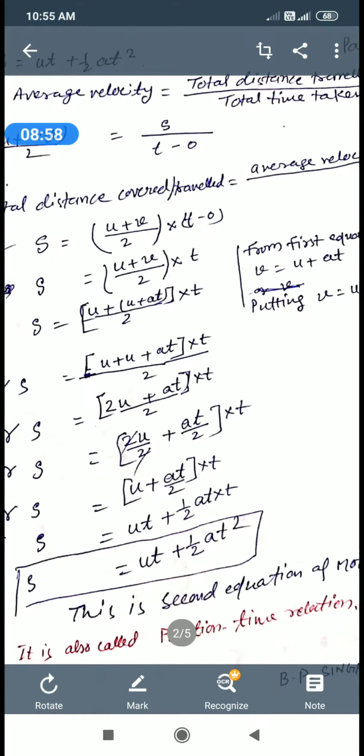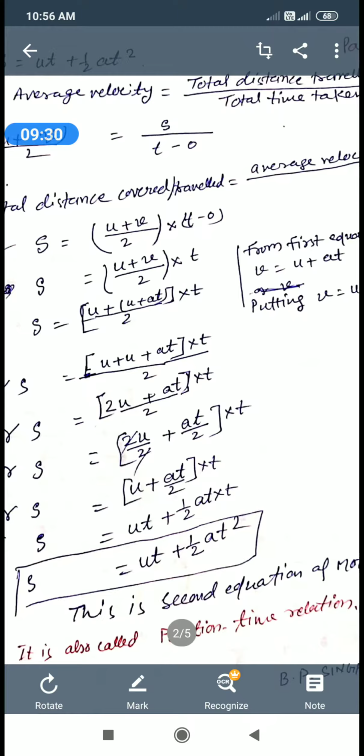Here (a plus b) into (a minus b) is equal to a square minus b square. So s is equal to (v square minus u square) divided by 2a. By cross multiplication, 1 into (v square minus u square) is equal to s into 2a.